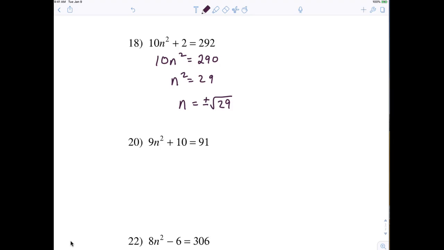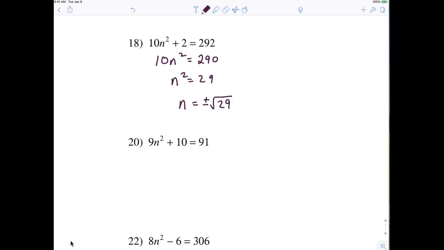Plus or minus radical 29. Yeah, 29. First of all, 29 is prime. And second of all, there's no perfect square that goes into 29. Plus or minus the square root of 29.